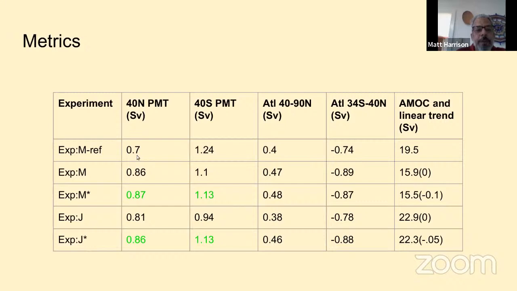The moisture transport into the northern hemisphere is about 0.7 sphere drips. And when I introduce the land storage, that becomes more consistent with what we're getting from the CMIP models, and with the moisture transport constraint.